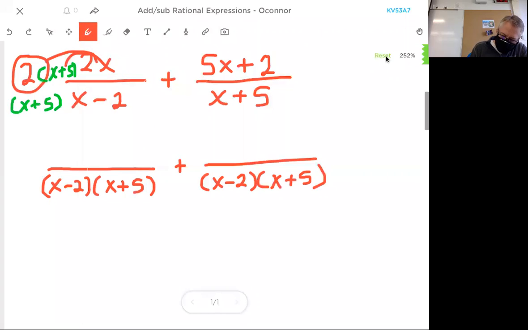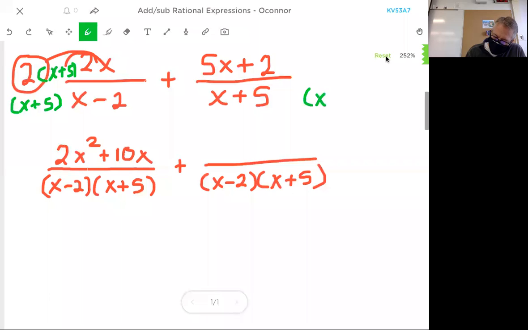So I'm distributing that 2x, and we get 2x squared plus 10x. All right, now on the right side, this is a little tricky, so check out your work here.